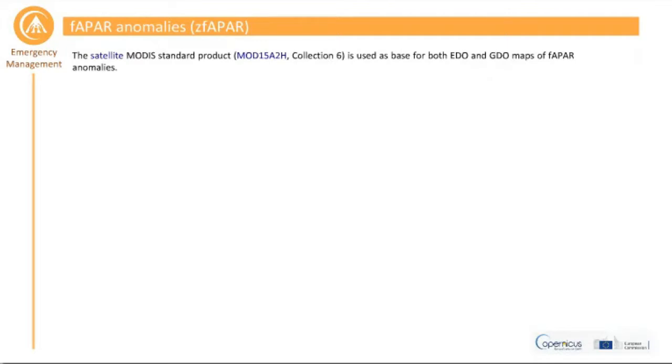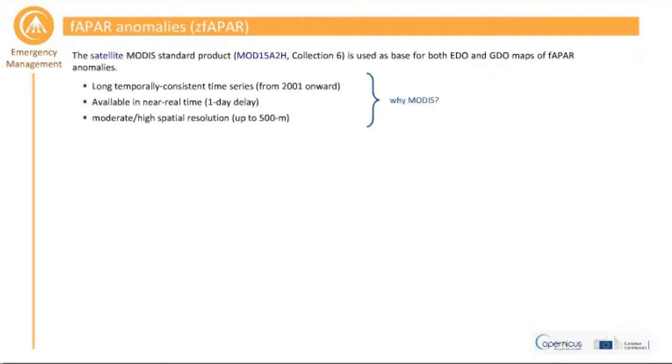Specifically for EDO and GDO, what we are using is the satellite product derived from the MODIS satellite. The reason why we use MODIS data is because it provides a long, temporally consistent time series of data starting in 2001. So right now we have 18 years of continuous data collected from the same sensor, which is uncommon for remote sensing data, I would say.